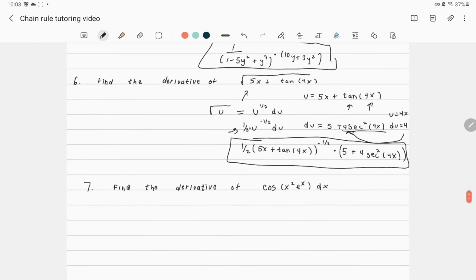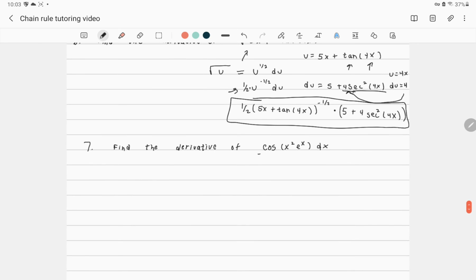Okay, so now moving on to another trig type problem. So we're going to do what we've been doing. Make what's inside the parentheses u. So u is x squared e to the x. And in this problem, there's a little tricky part to it because you got to use the product rule for u.